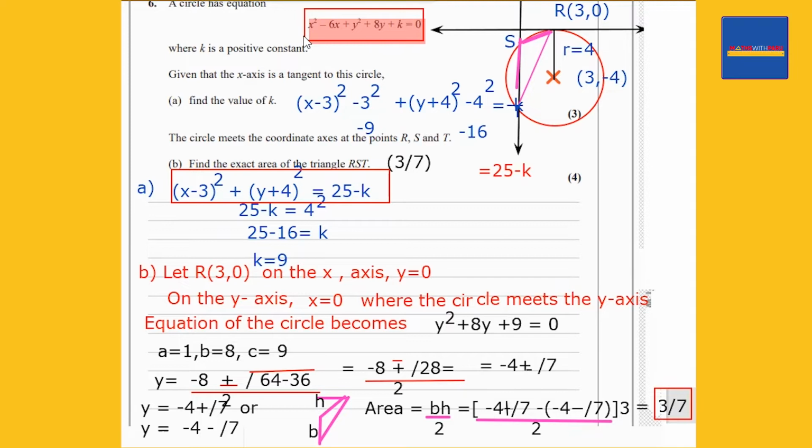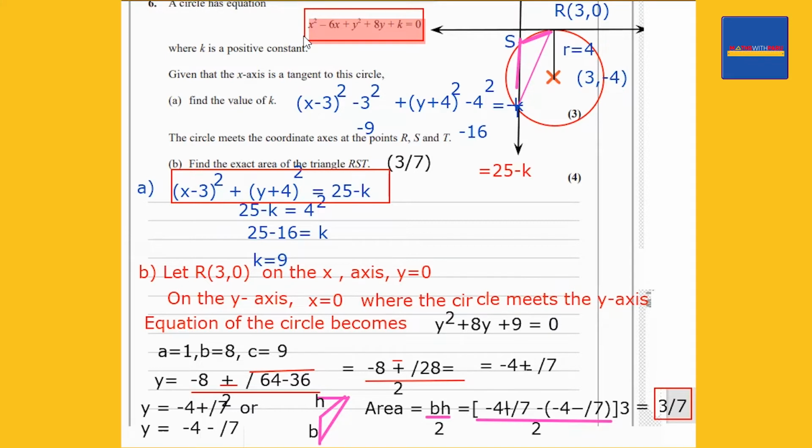Here, since r is 4, r squared is going to be 4 squared. And we also have 25 minus k. So we have 25 minus k is 4 squared. That's going to lead us to 25 minus 16 equals k, and k is equal to 9. So that answers part A.